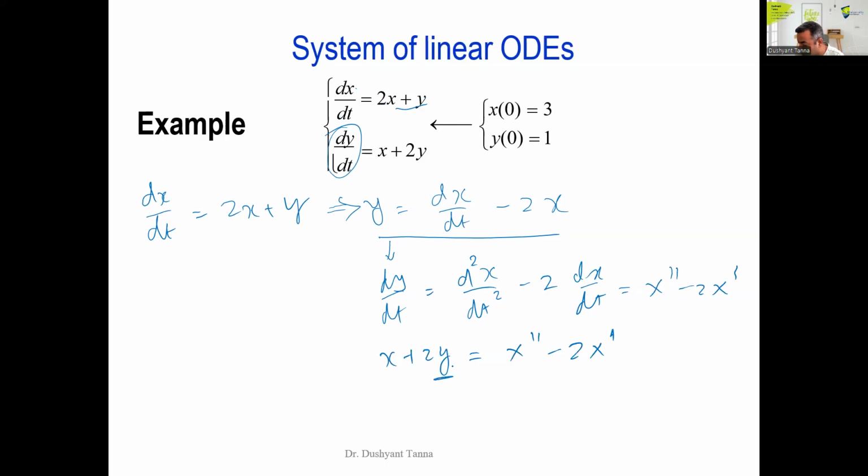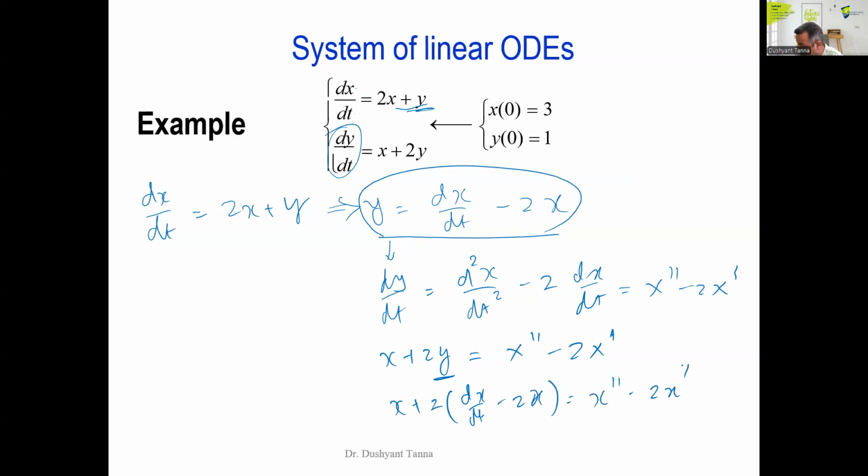So once I replace my y, how can I replace my y? I can say it from here, isn't it? I got it here. So x plus 2 times dx by dt minus 2x is x double dash minus 2x dash.